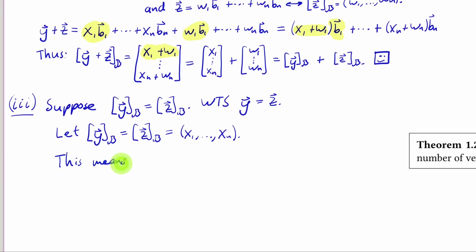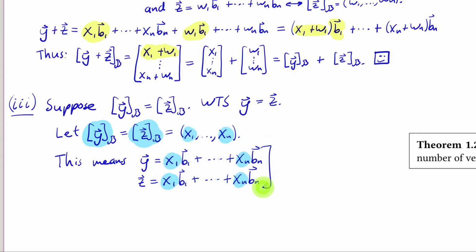And the definition of coordinates is that these coordinates are how you write both y and z as a linear combination of the basis vectors. These are the weights you use. And of course, if you can write y and z the same way, that means y equals z, which is what we wanted to show.